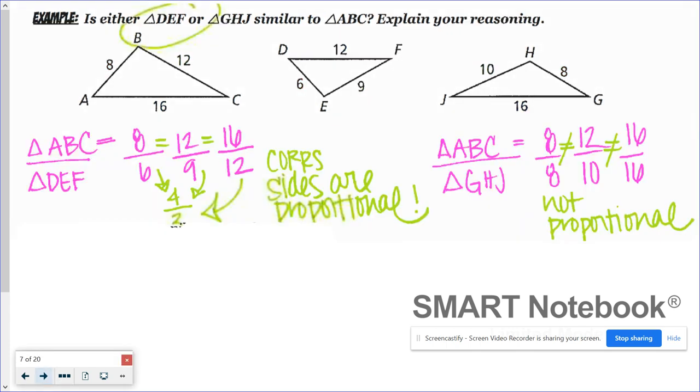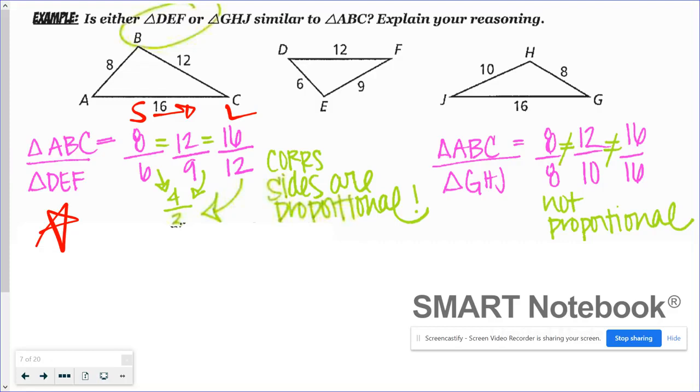As you can see over here on the left, I first compared triangle ABC and triangle DEF. I wrote down the sides from shortest to longest, and I did that for both of those triangles, and they all reduced down to be 4/3. So the corresponding sides are proportional, therefore triangle ABC is similar to triangle DEF.